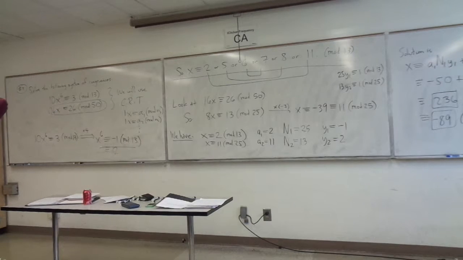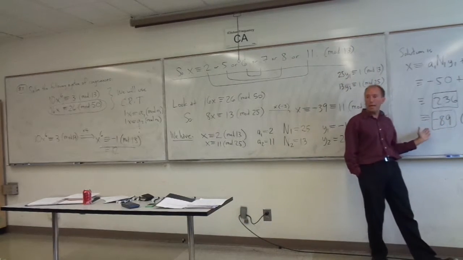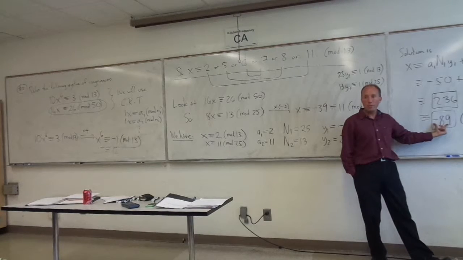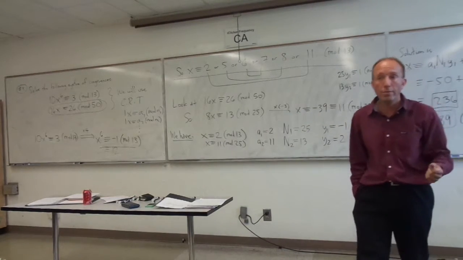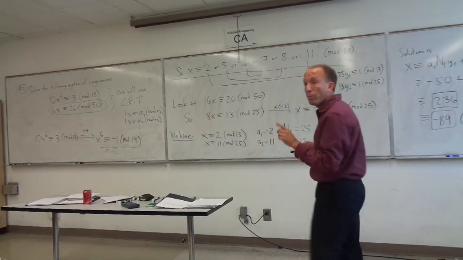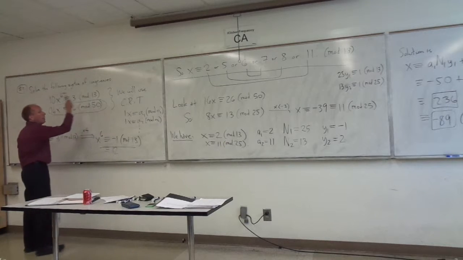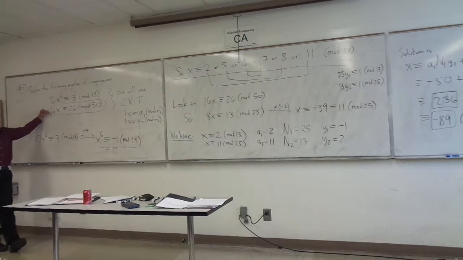Because this tells me very clearly which values of x satisfy this congruence and are equivalent to negative 89 mod 325. It's a very good point. This looks like you would be giving a solution in mod 650, but you're better off giving mod 325, and we've seen this happen before. It's basically because we divided the second congruence through by 2.